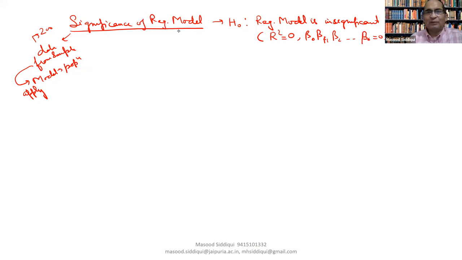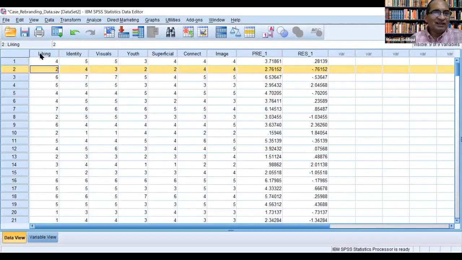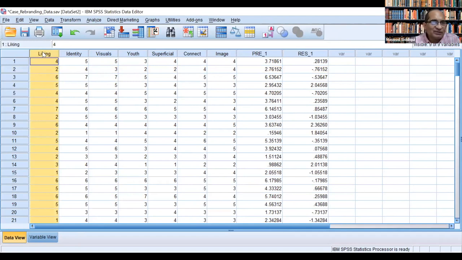First I will explain the concept of this analysis. Let me show you the data file. If you observe the values of likeliness, which is our dependent variable, rebranded liking, we have 4, 2, 6, 5, 4, 4, 7, 2, 6. Means there is variation among these values.